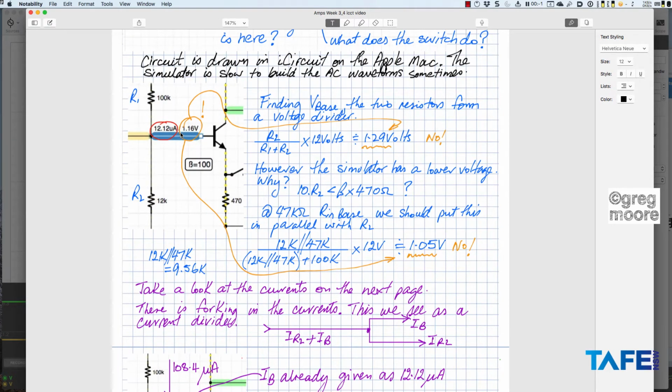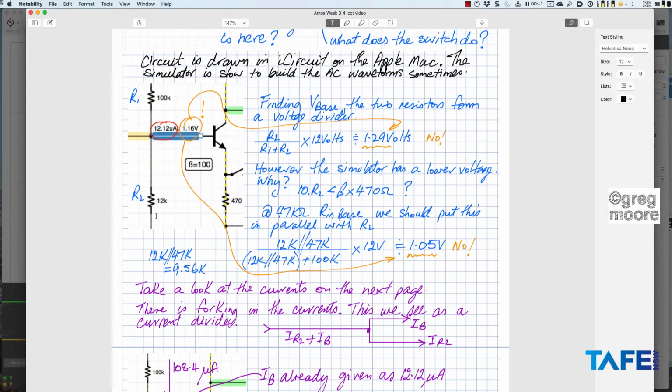So with the simulator running, I touched on this wire and it told me that I had 12.12 microamps flowing into the base from my voltage divider, and the base voltage was at 1.16 volts. So finding V base, the two resistors form a voltage divider, the 100k and the 12k going to ground.